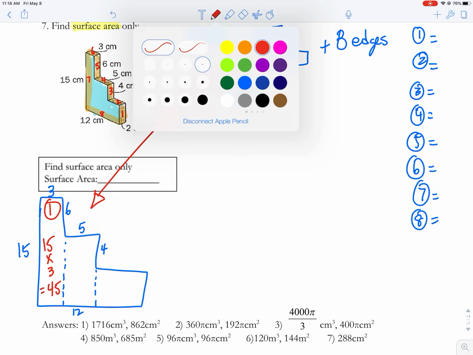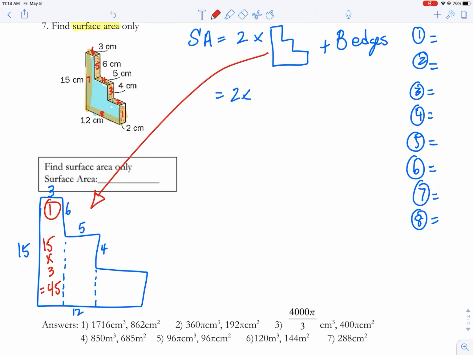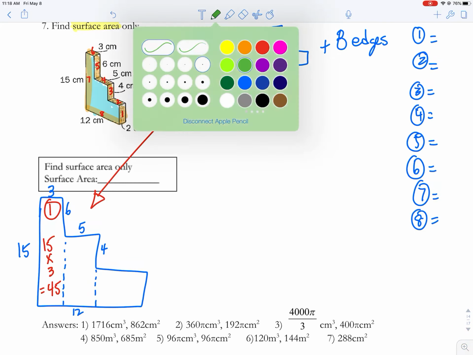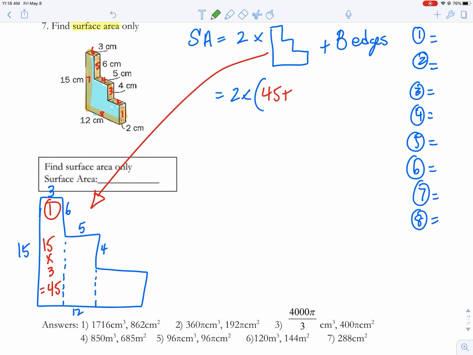For the second one, so let's write that down, 2 times, it's going to be 45 plus something else. For the second one, this height, we don't know what it is, but we can figure it out. If the whole thing is 15, then this height here is going to be 15 minus 6, so that's going to be 11. So that shape here is going to be 5 times 11, or 55.